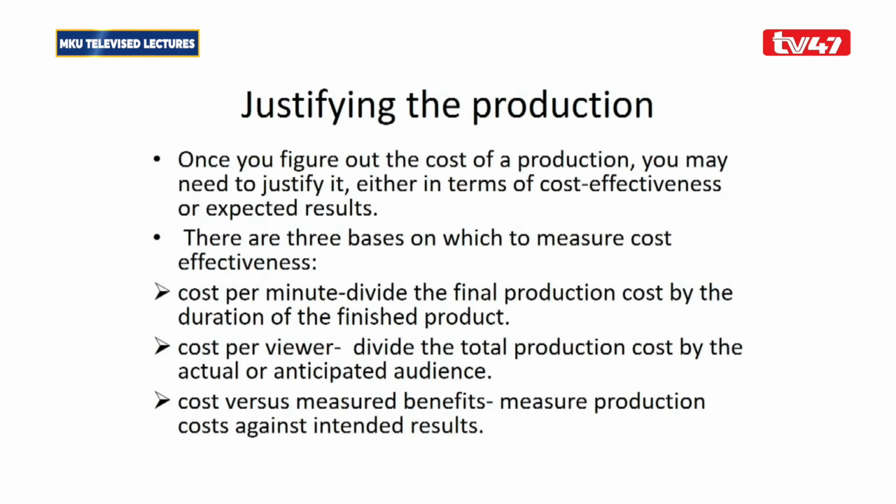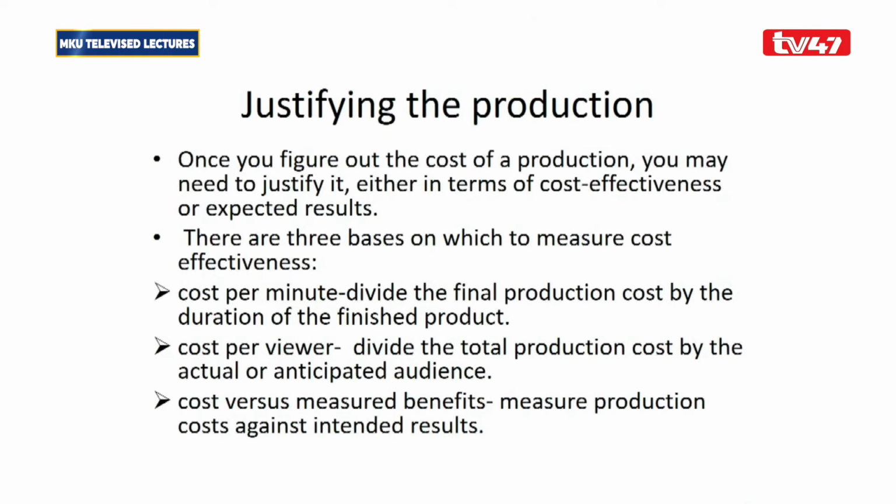What usually happens when it comes to issues to do with the audience is there is a research body, what we refer to as media monitors, who are able to provide information on the number of audience as well as the sentiments of that audience for that particular media house.